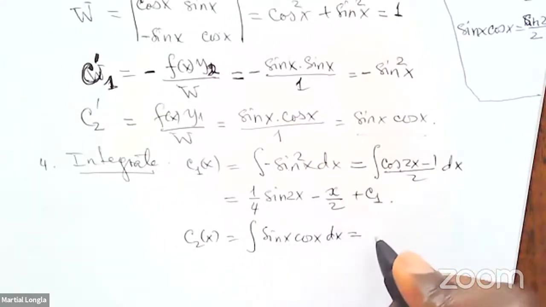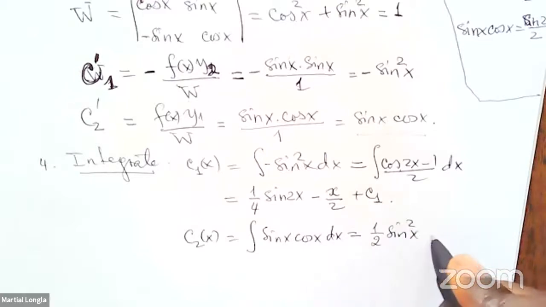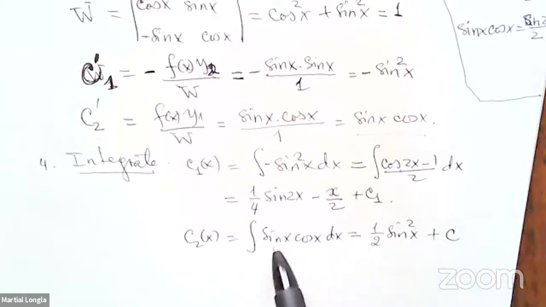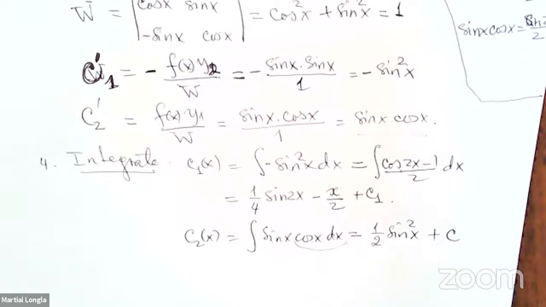I know that this is 1/2 sine square x, because for the integral of sine x times cosine x, by u substitution, the derivative of sine x is cosine x, so this is the derivative of 1/2 sine square x. Does that make sense? Yes. All right.